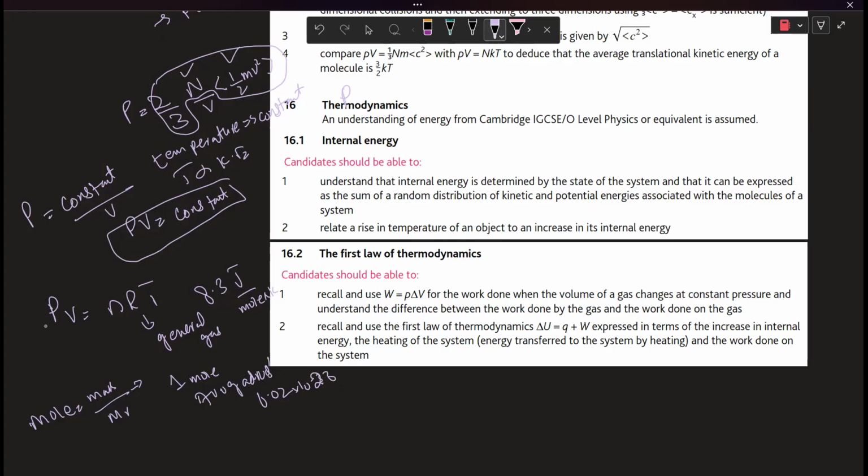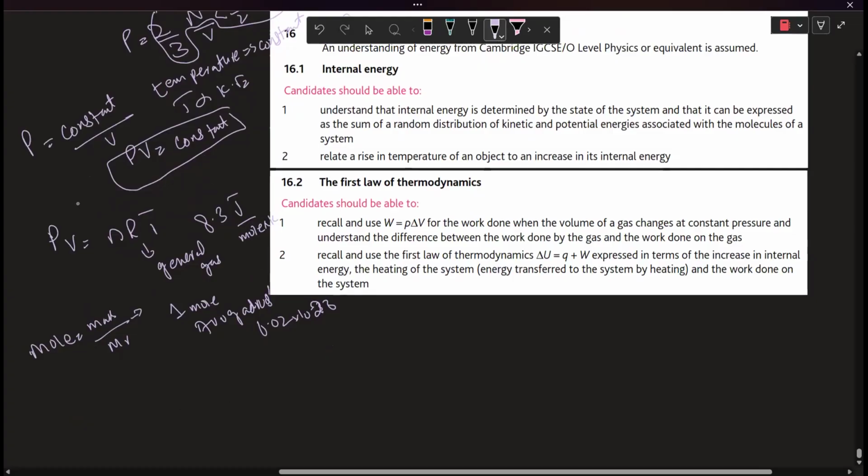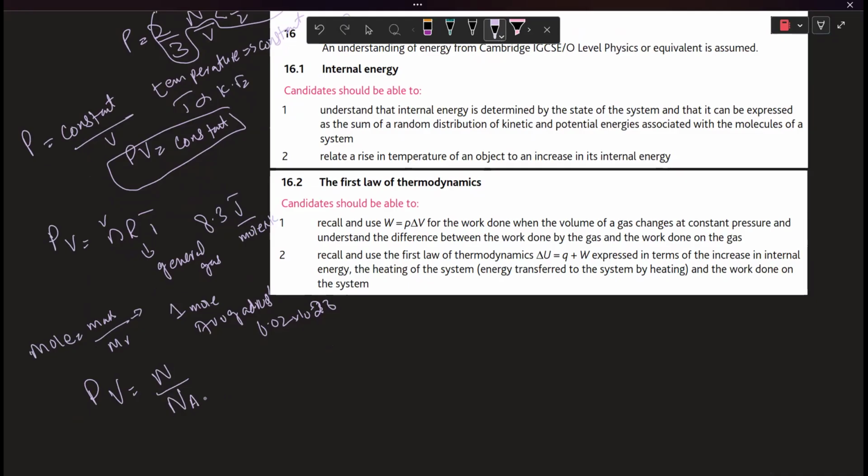And here n is given as number of atoms over Avogadro's number.